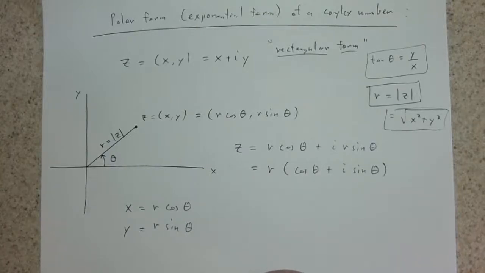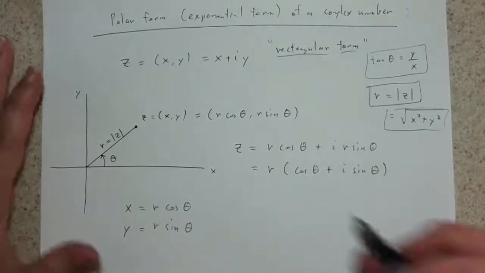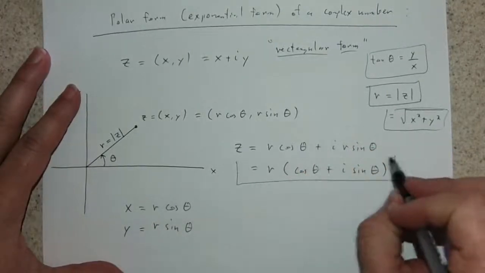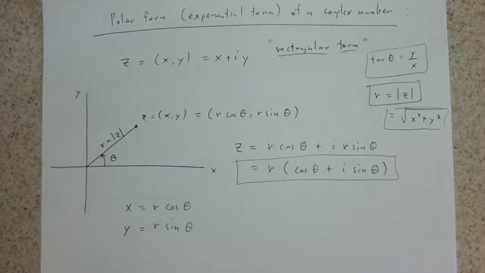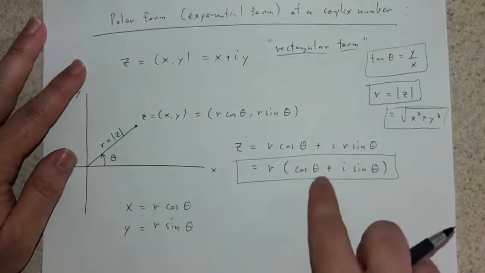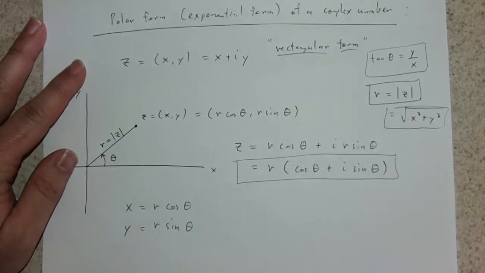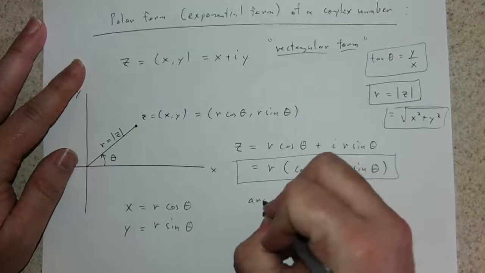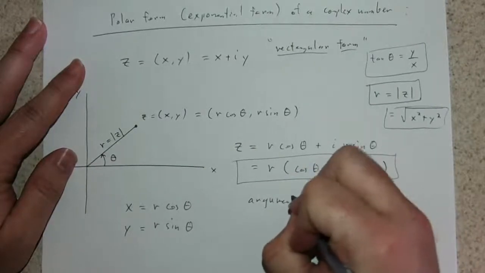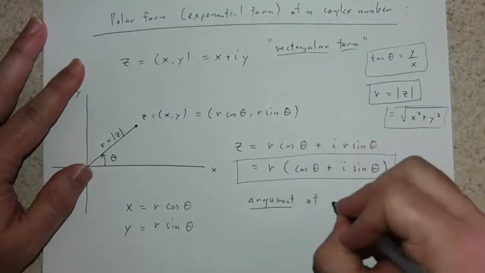So what do I do to keep track of that? When I have a z written in polar form in this way, in order to have a nice way of keeping track of this theta, I want to discuss the argument of a complex number.